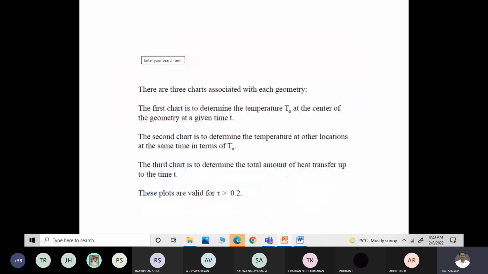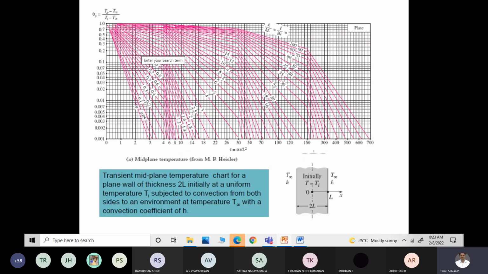They used three charts, which were given by Heisler, and these are called the Heisler charts. The Heisler charts have the temperature distribution on the y-axis and tau on the x-axis, and the parameter is 1 by Biot number, or k by hL.